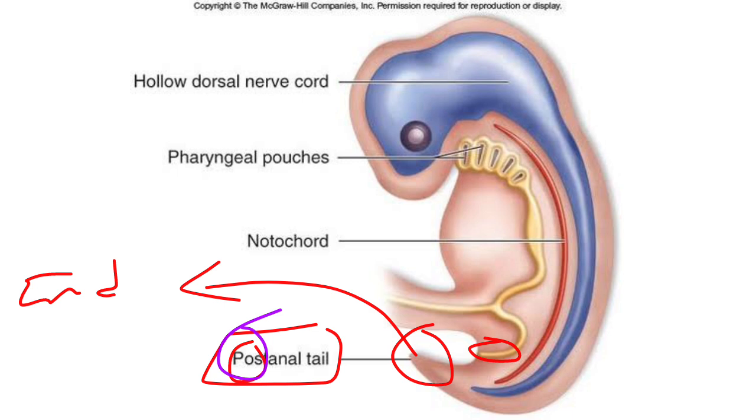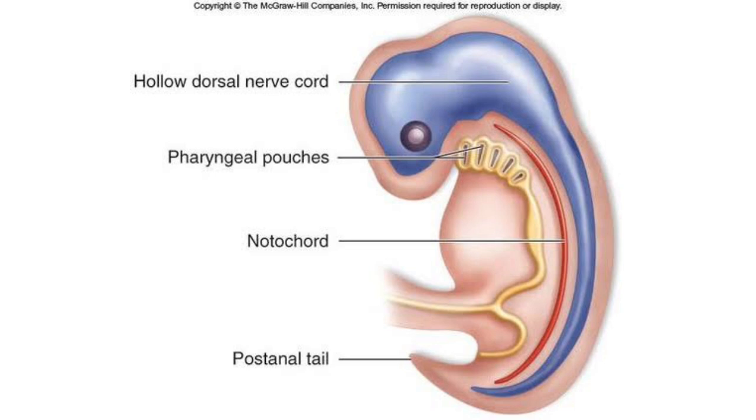Now, what is its function? It evolved for propulsion in water, so it is for movement in water. In some animals it is modified into something else, while in some it persists.